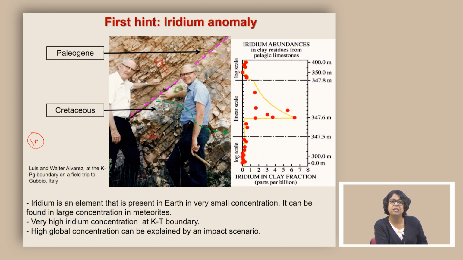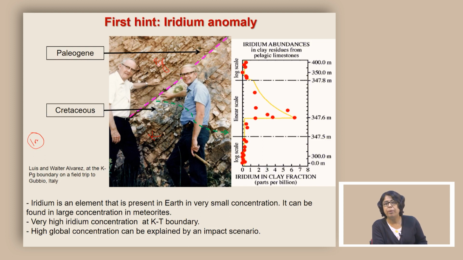So, in extraterrestrial material, iridium often shows up in high concentration. There is some iridium deep inside the Earth, but it does not really come to the surface, and therefore, the overall surface concentration of iridium on the Earth is very low.